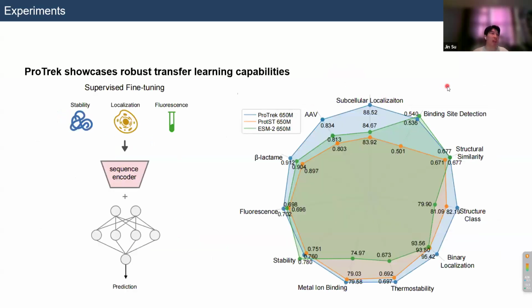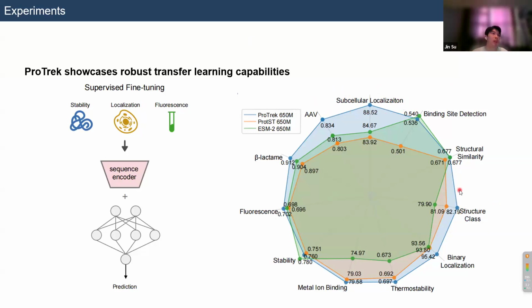Additionally, we also test ProTrek's transfer learning. We use the sequence encoder of ProTrek, and we fine-tune this sequence encoder on many downstream datasets, and we found that compared to ESM-2 or ProtST, ProTrek outperforms these models in many of the tasks, for example, subcellular localization, the AAV task, or the structure class.